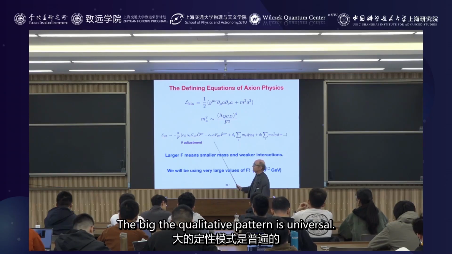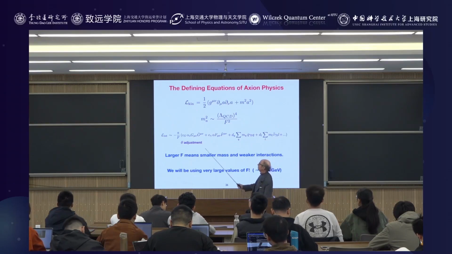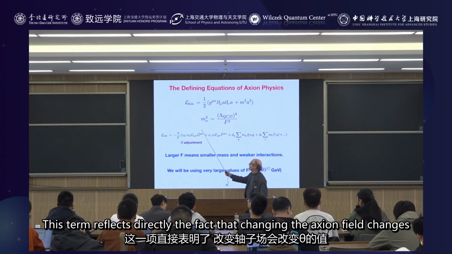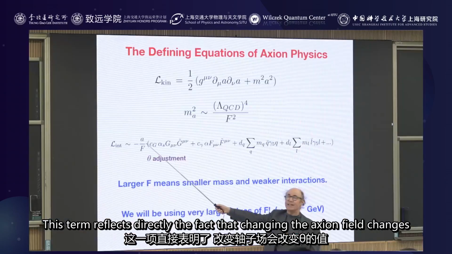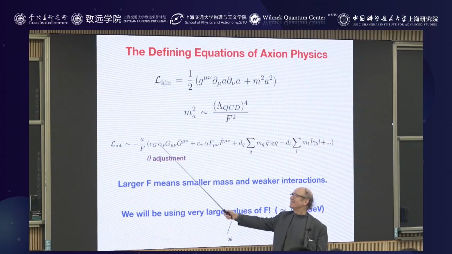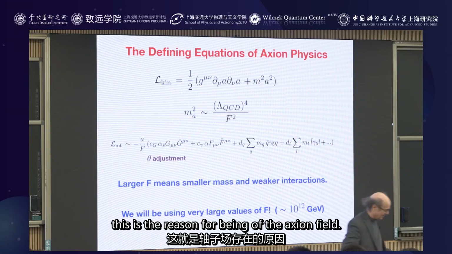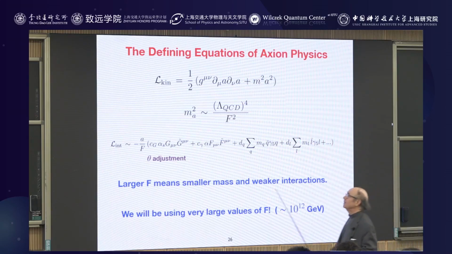The qualitative pattern is universal. So this term reflects directly the fact that changing the axion field changes the value of theta. If you like, this was the reason for being of the axion field.